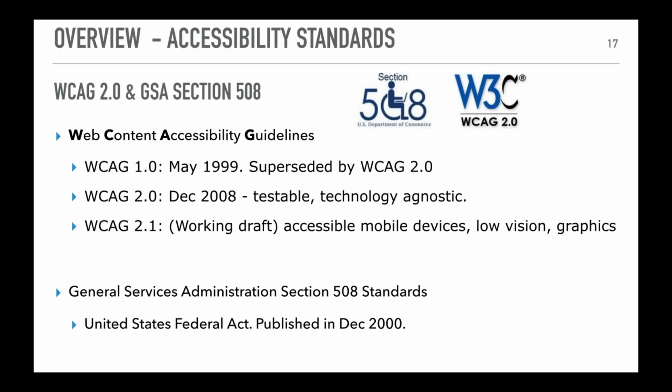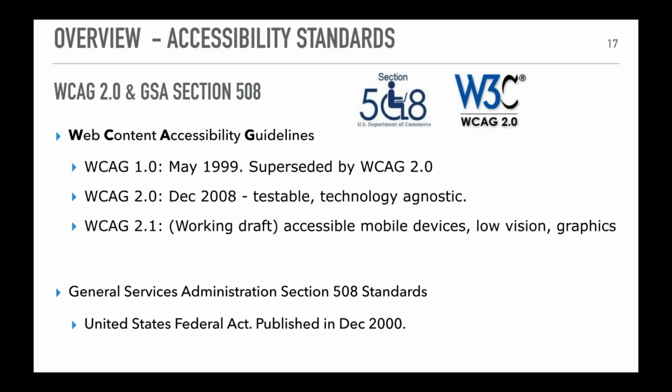WCAG has seen different working drafts. WCAG 1.0 was in May 1999, which was superseded by WCAG 2.0 in December 2008. The main objective of creating the draft was to make sure you develop testable and technology-agnostic applications.